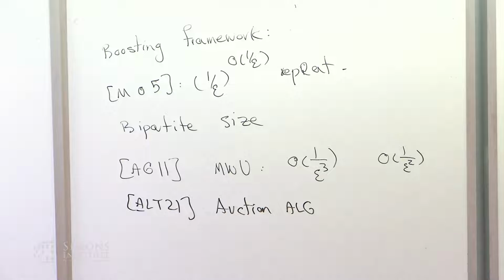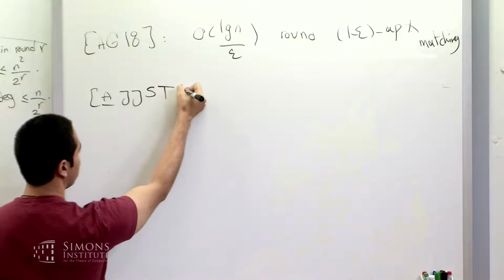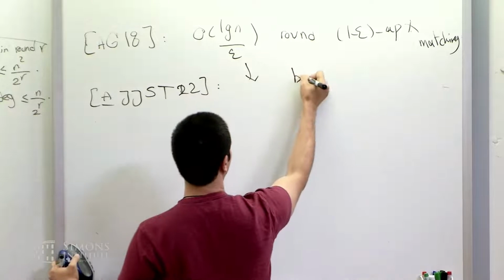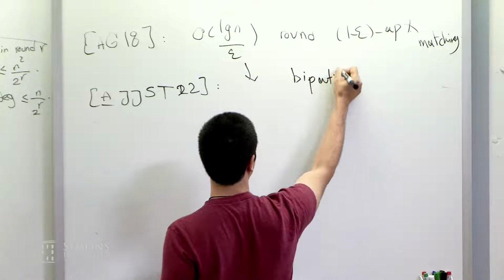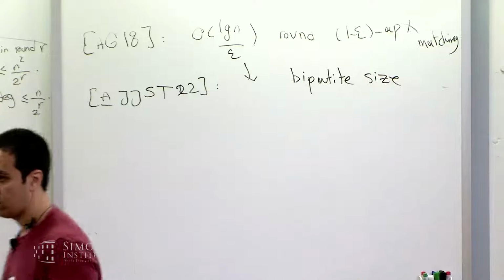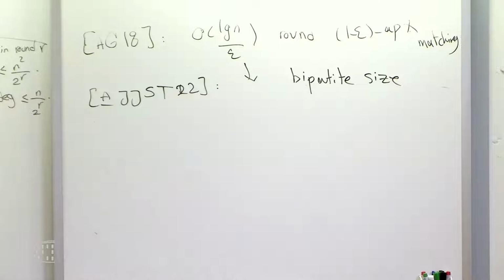Then we had a result a bit more recently with Aaron, Yujiya, Aaron, and Kevin that gets this bound for bipartite and size. And the nice thing about that result was that it uses something entirely different than this framework. But the nice thing is that you really converge in that many rounds.